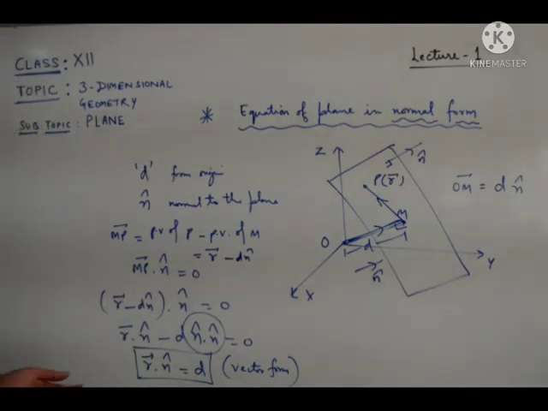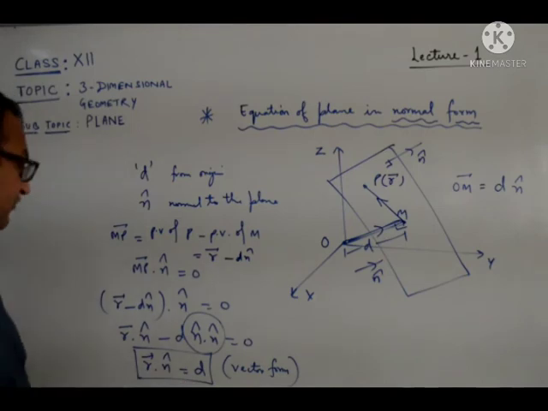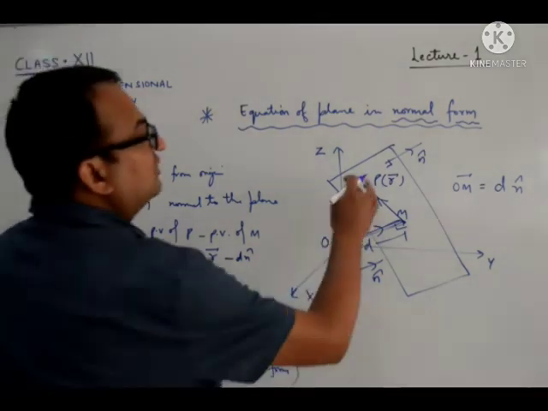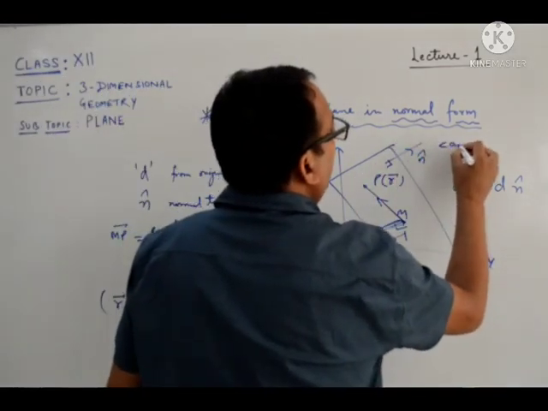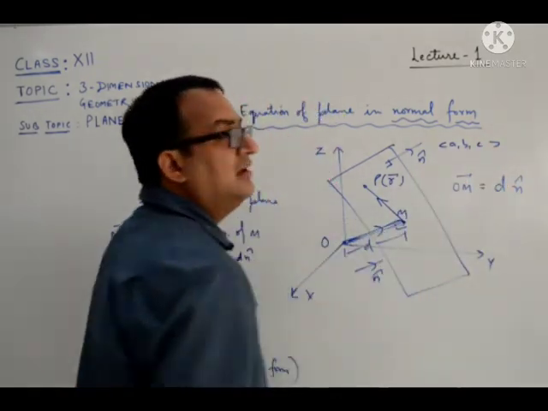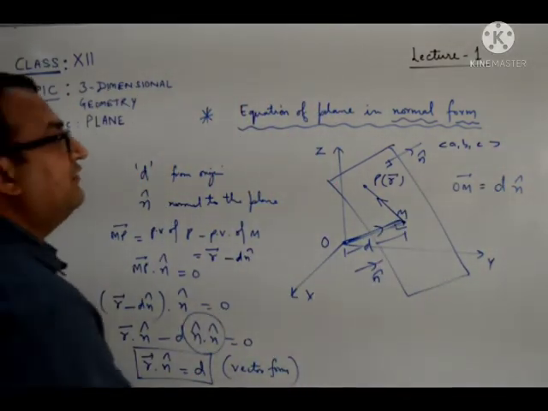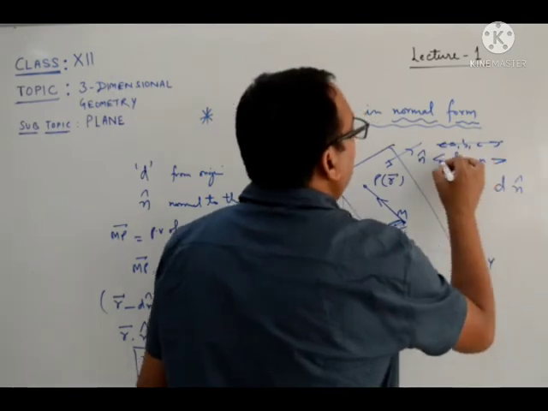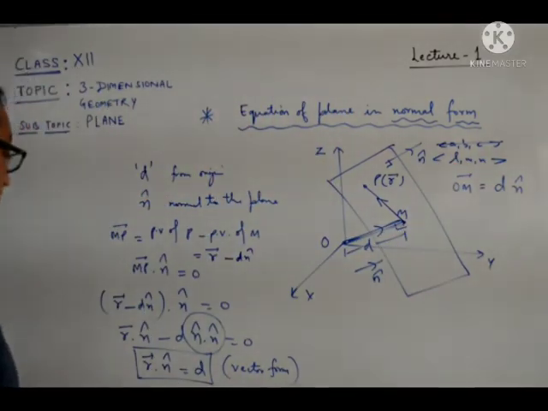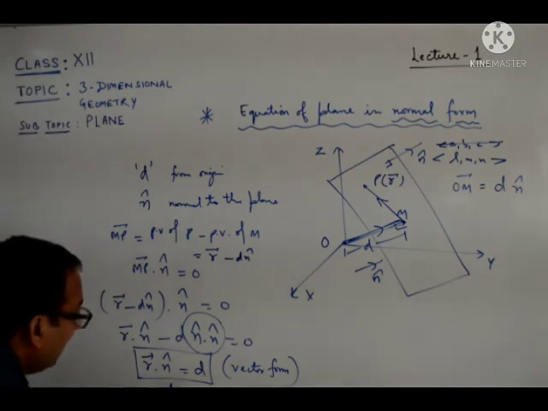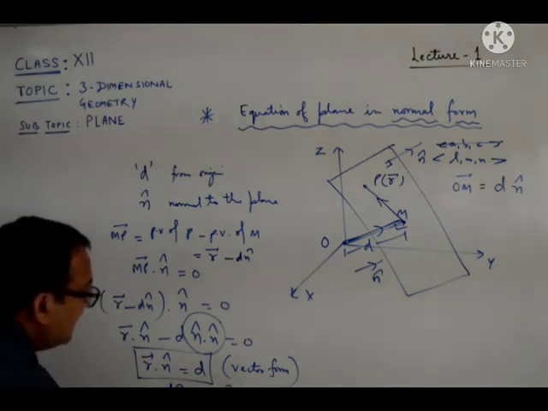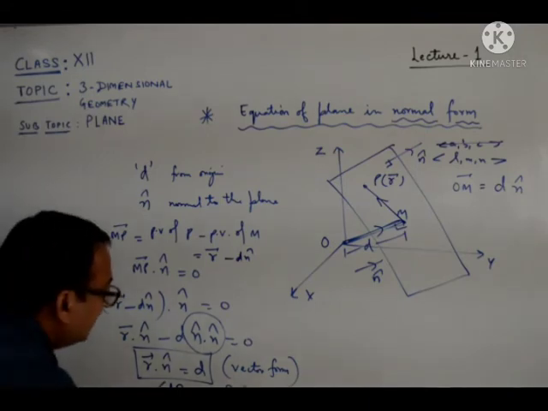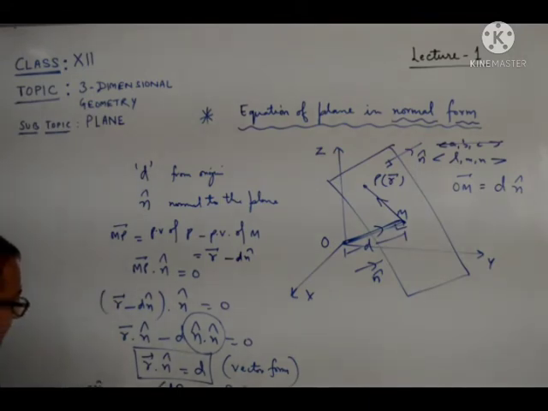If we try to write this equation in Cartesian form, say the direction of n vector is A, B, C, the direction ratios. In fact, for a unit vector we have not direction ratios, we have direction cosines. So n vector is Li plus Mj plus Nk, and r vector, as you know, is Xi plus Yj plus Zk.